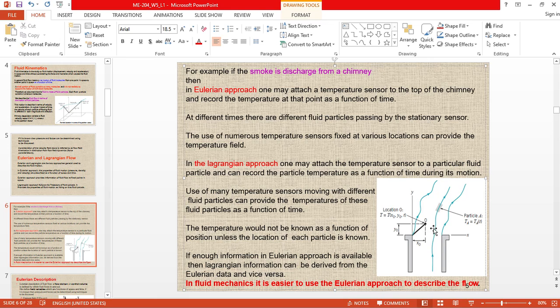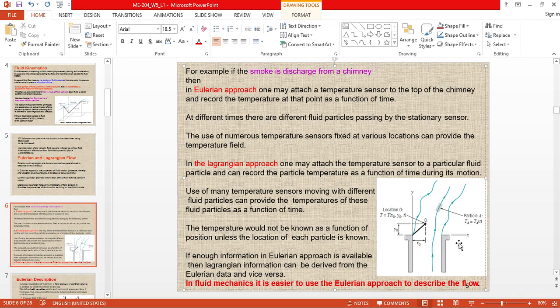Here you can see we consider a particle and put the sensor on the particle. In the Eulerian approach the temperature is a function of position, because the position of the sensor is defined and we measure over time. But here, wherever this particular particle goes, we measure its temperature with respect to time.